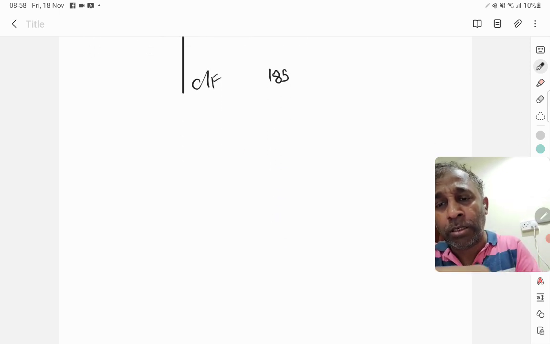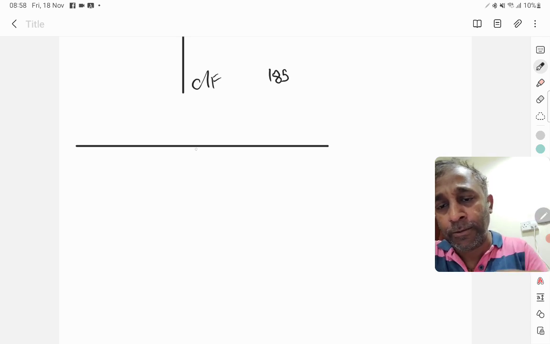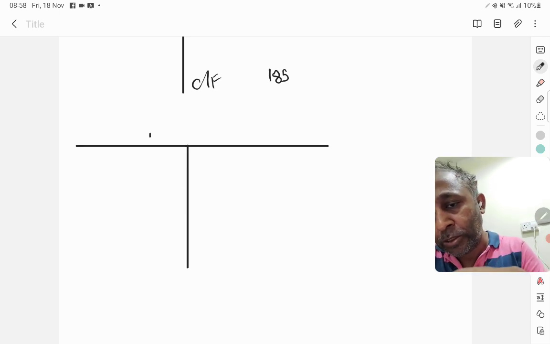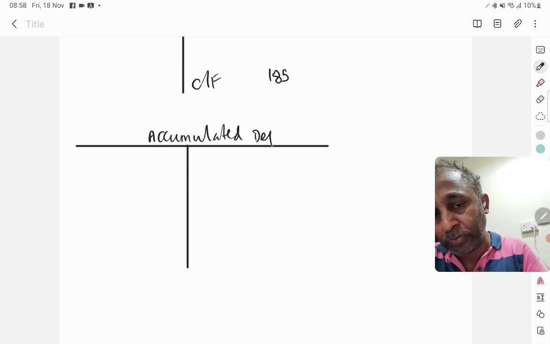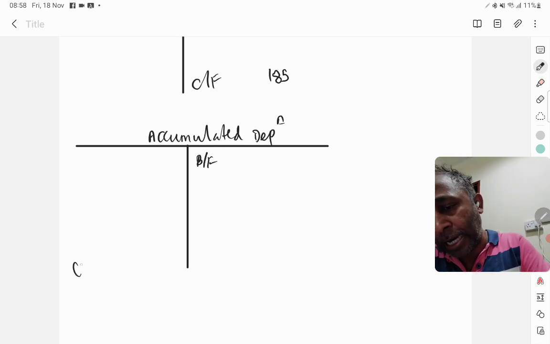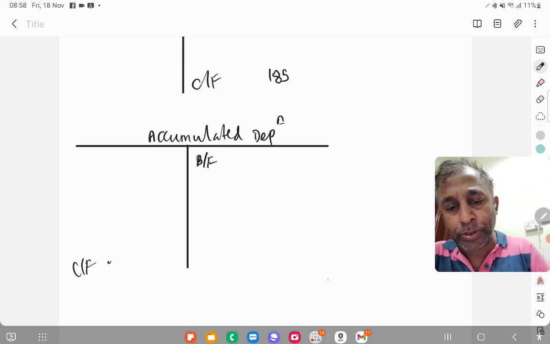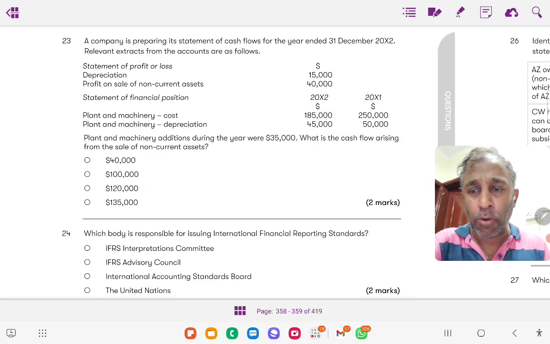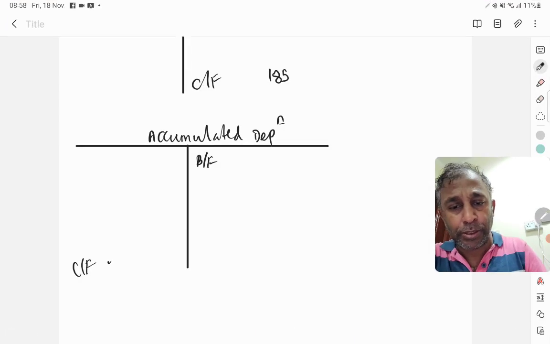And then they have also given you accumulated depreciation, so we'll take that as well. They have given you the opening balance as well as the closing balance. The opening balance for accumulated depreciation is 50,000 and the closing balance 45,000.